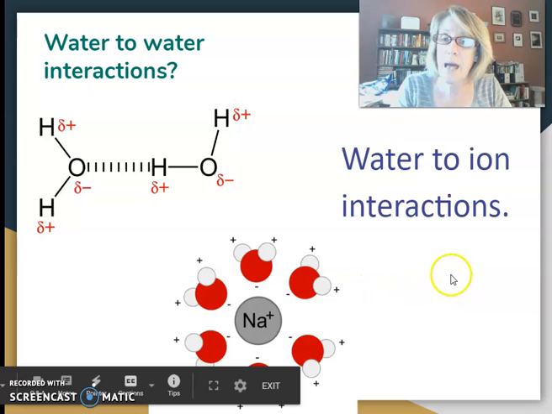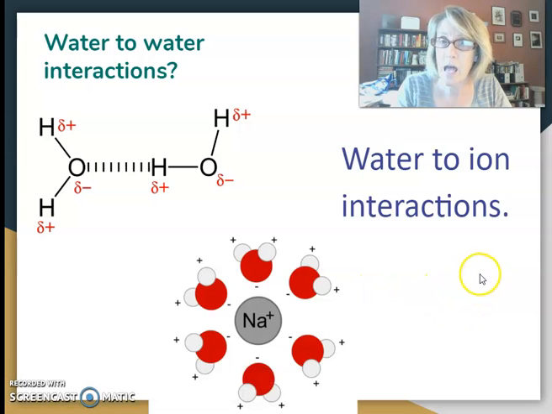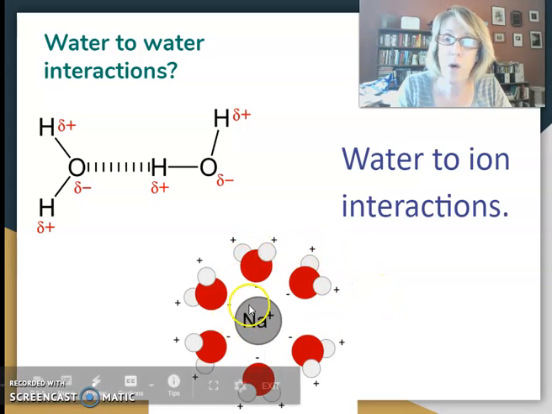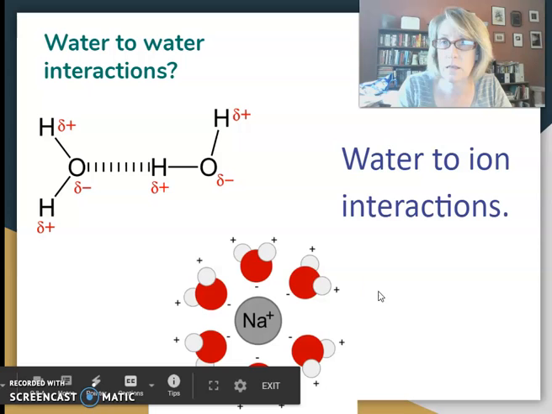And the same thing would happen to the negative chloride ion, except you'd have the hydrogen partial charges lining up. So this acts to pull that crystal lattice apart, and once it's surrounded by water, it's not going to go back into that crystal lattice, and you have these sodium and chlorides distributed evenly and forming that solution.